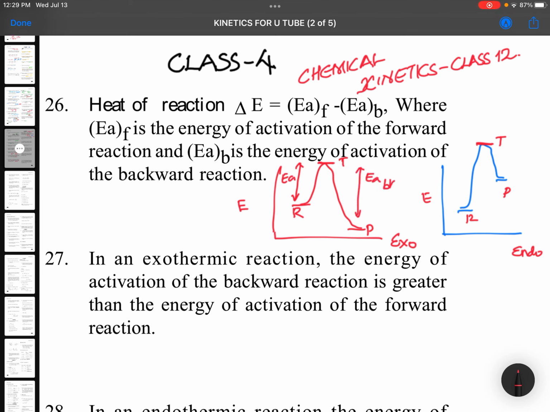If we are discussing forward and backward reaction, here you can see for an exothermic reaction, the forward activation energy is less than the backward. Those lines are mentioned here.